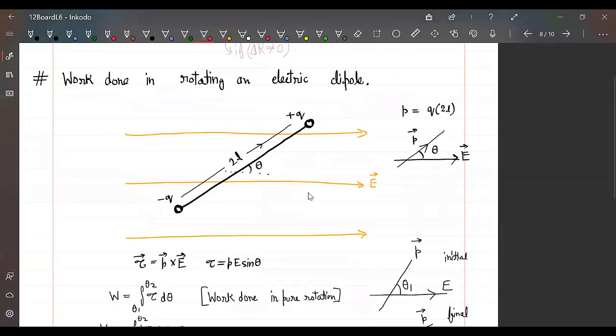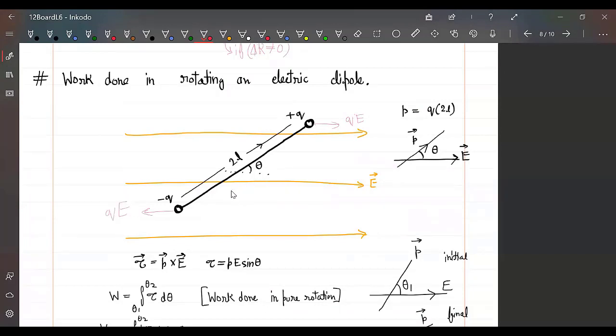Now let us calculate the work done in rotating a dipole in an electric field. So you can see here, if an electric dipole is kept in an electric field, it will experience a torque. The value of torque, we calculated it as P cross E. Because the force here will be Q in the forward direction and the force here will be Q in the backward direction.